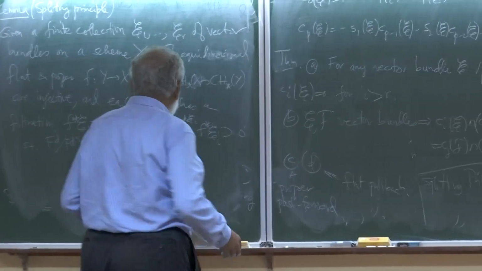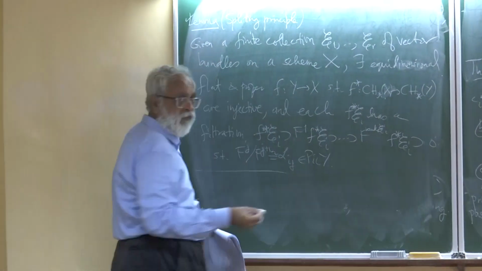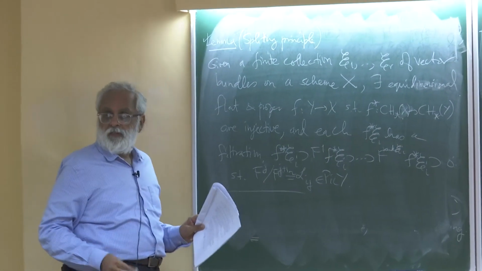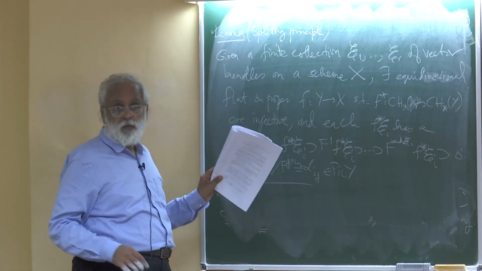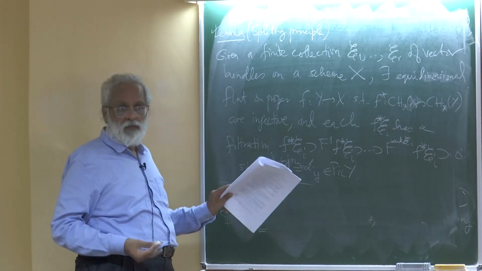So under these conditions, this has been apparently proved, so people should tell me if you want me to run through the proof again. I can do it next time, but if you feel it's routine, we skip it.